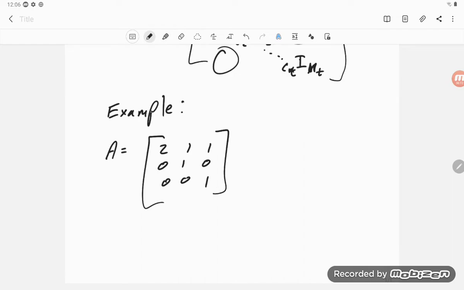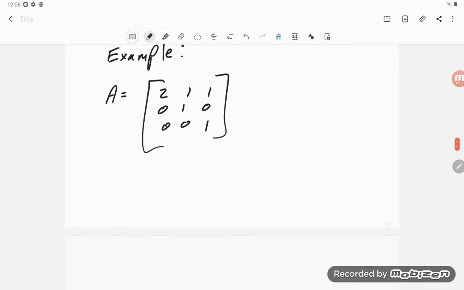And without going through the characteristic polynomial, well, actually, it's probably worth going through it. I know the eigenvalues here are lambda 1 equals 2 and lambda 2 equals 1 with multiplicity 2.